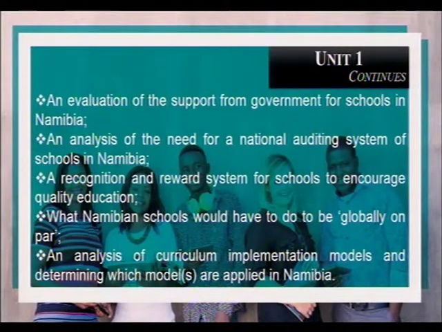We will look at the question of Namibian schools. How can we get Namibian schools on par with global standards? We will look at the analysis of curriculum implementation models and determining which models are applied in Namibia.